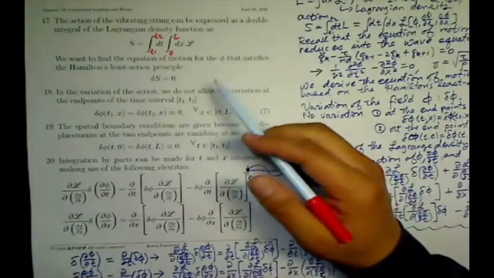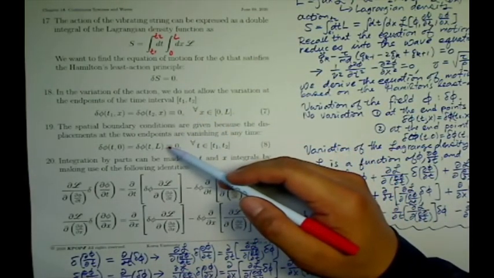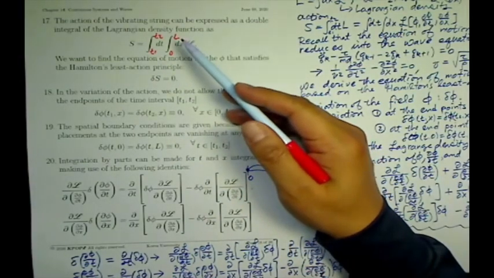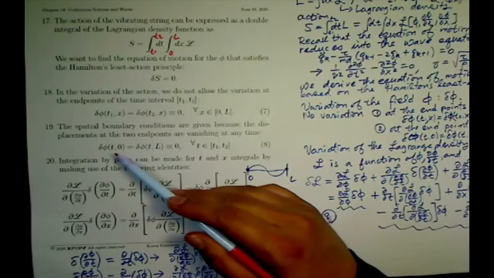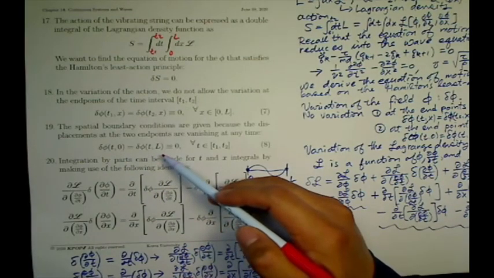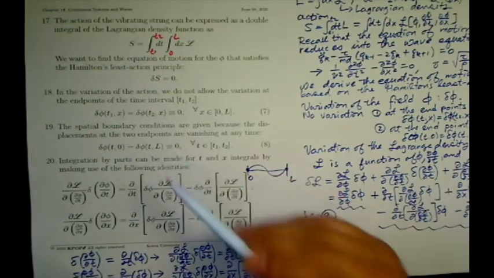That is the same as before. We have additional boundary conditions because these vibrating strings are fixed at the ends. So we do not have any variation at all for all t at both ends, x equals 0 and x equals L.